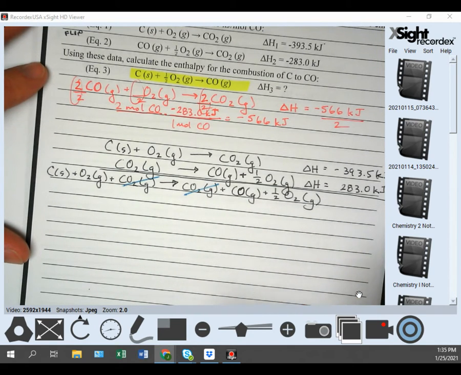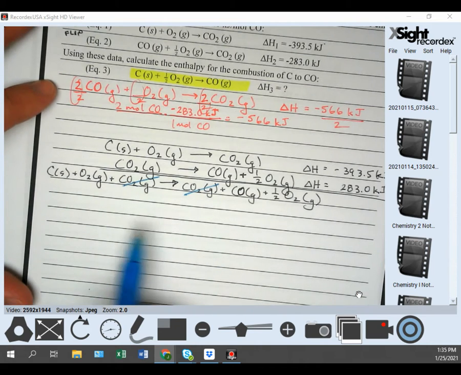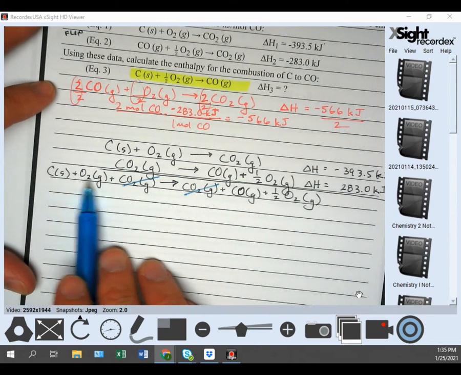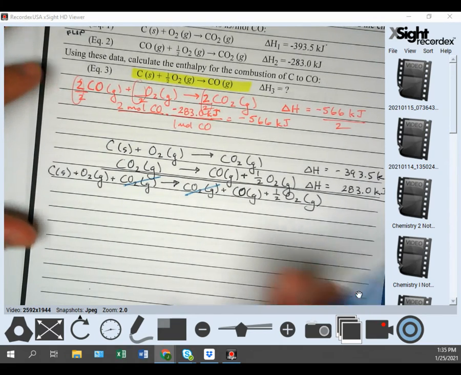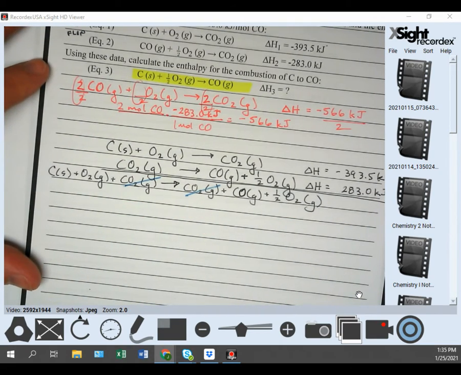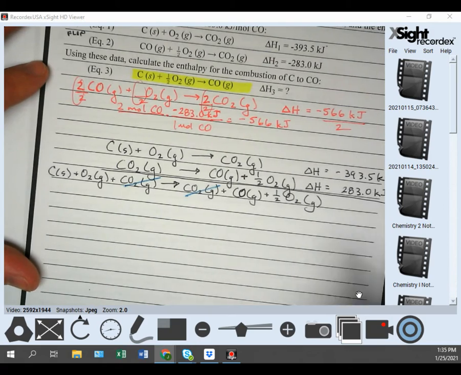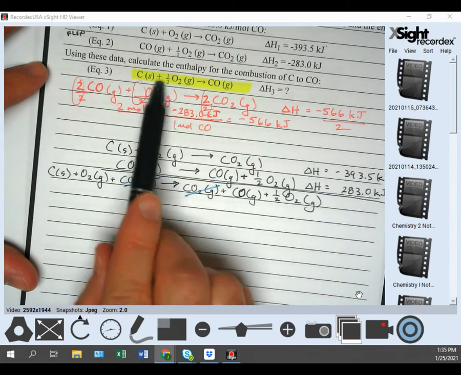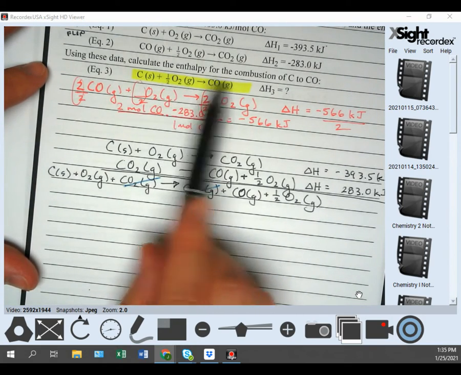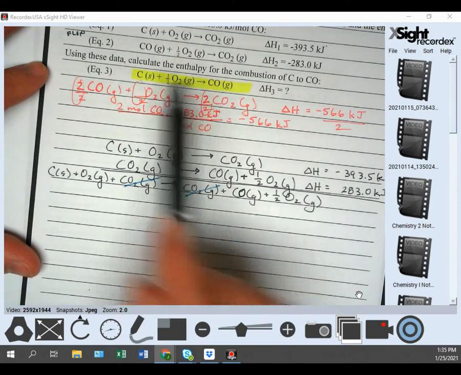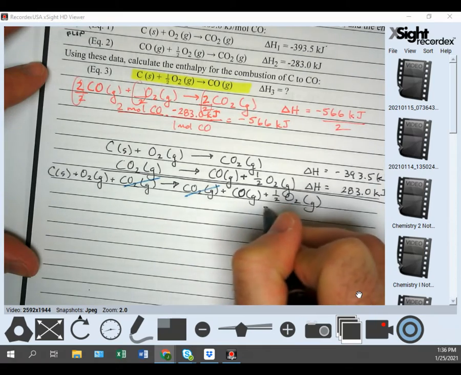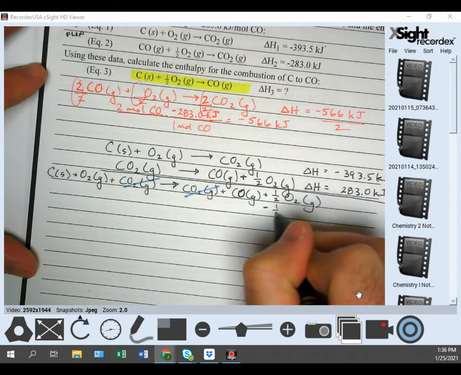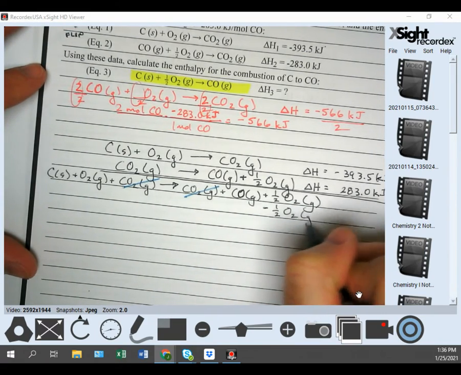So if you end up with an equation that has carbon solid minus O2, something went wrong somewhere, at least in your final equation. So if we look up here, what's our goal? What side is oxygen on, the left or the right? The left. So we want to get all of our oxygens to the left. So we're going to subtract 1/2 oxygen, both sides.